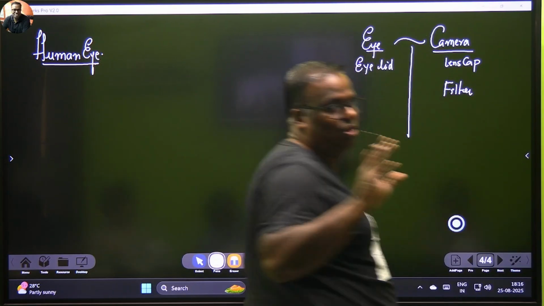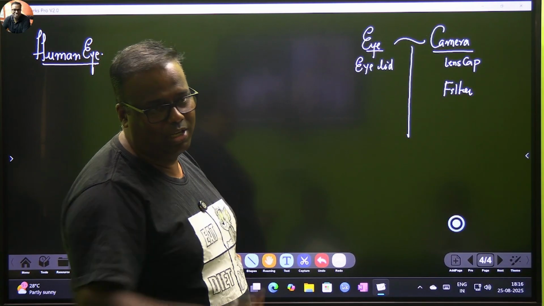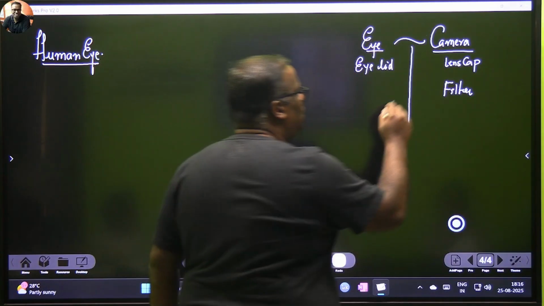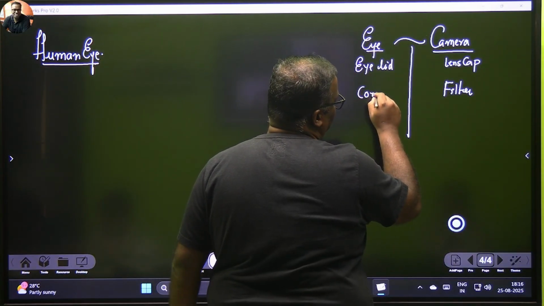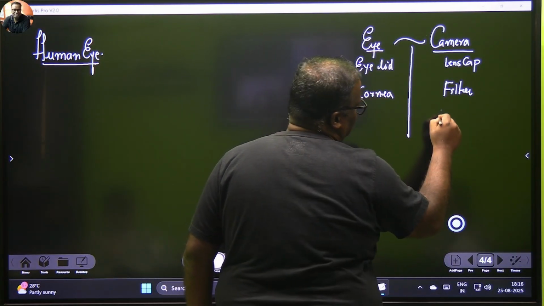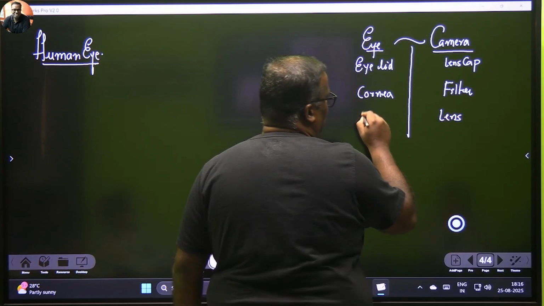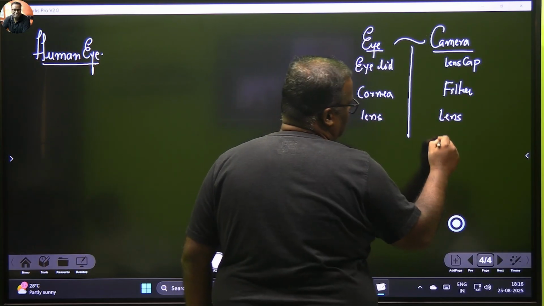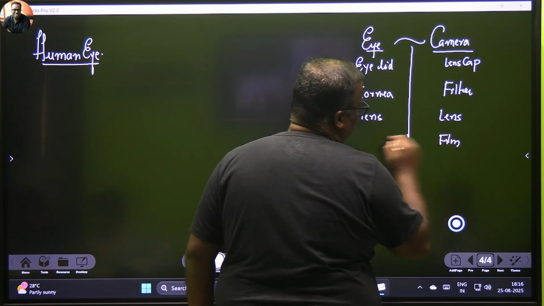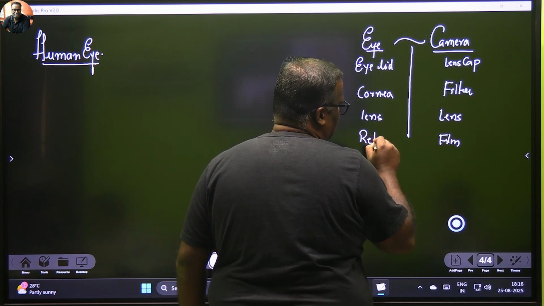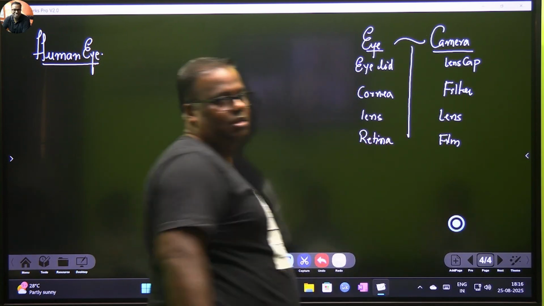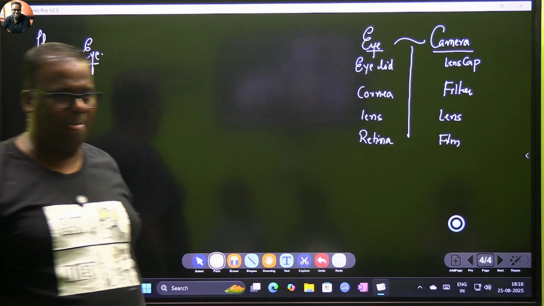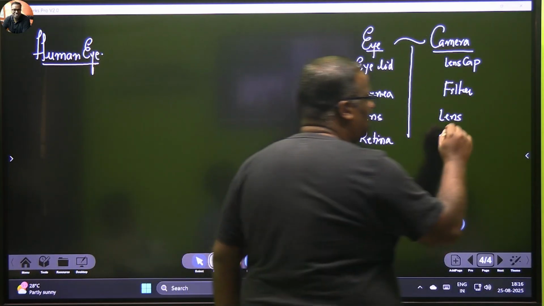A filter is a small circular glass fitted in front of the lens. Similarly to the filter will be your cornea, right? They have a lens, you also have a lens. They have a film and you have what is known as a retina. Job is the same.